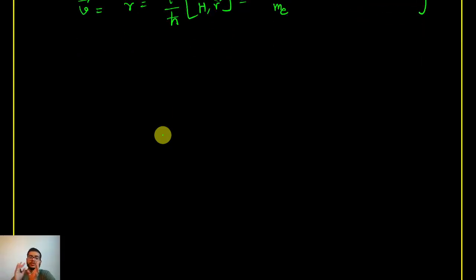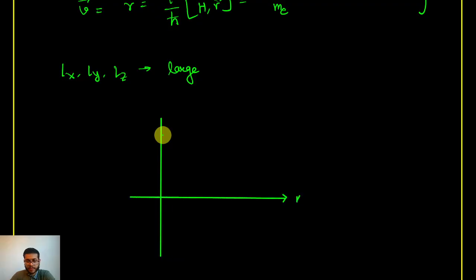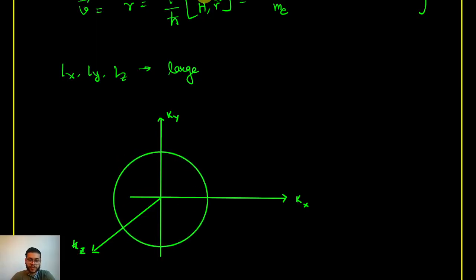Now what we will do is we will think of Lx, Ly, Lz to be very large. So now if we have the grid of k, we see that the surfaces which have the same energy are spheres, because of this equation.